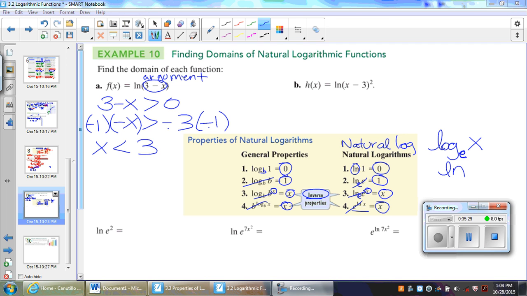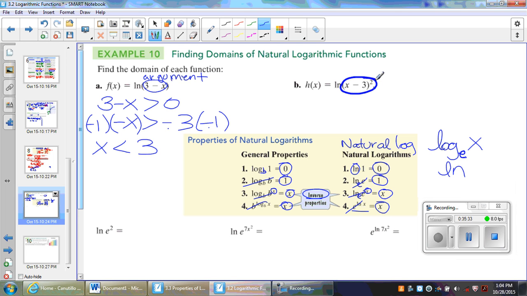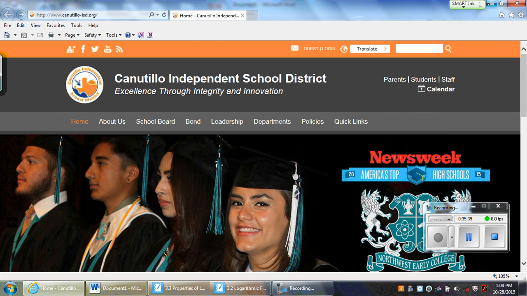Now for example 10 part B, we will take the same argument that we have here, but now the difference is that our argument is being squared.